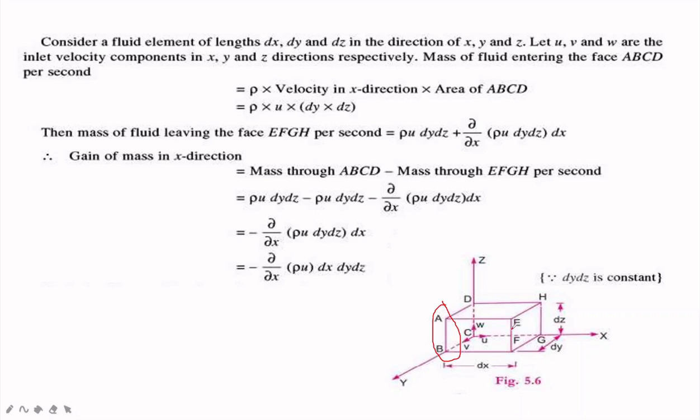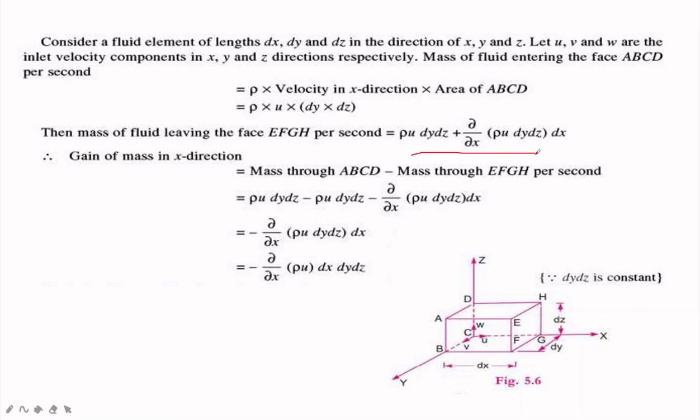From AB to EF, energy is gained, because it has to move a distance of dx. So mass through ABCD minus mass through EFGH per second gives us the actual gain. Correct? So mass through ABCD is rho u into dy into dz, minus mass through EFGH.